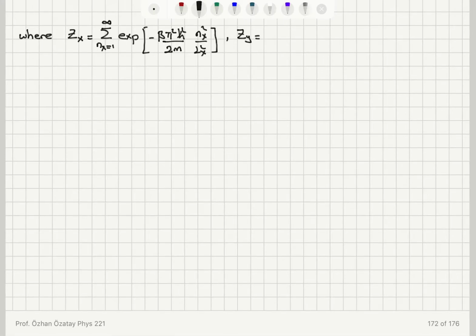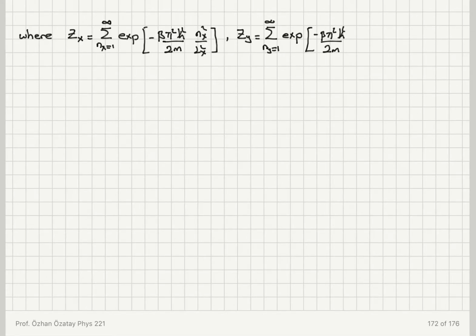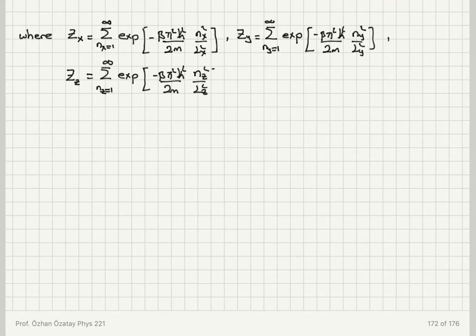Similarly, I can write the y partition function, the sum from ny equals 1 to infinity of the exponential of minus beta pi squared h bar squared divided by 2m times ny squared over ly squared. And finally the z partition function, the sum from nz equals 1 to infinity of the exponential of minus beta pi squared h bar squared over 2m times nz squared over lz squared.